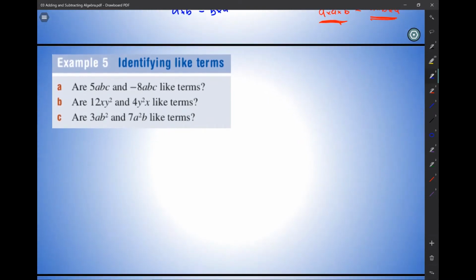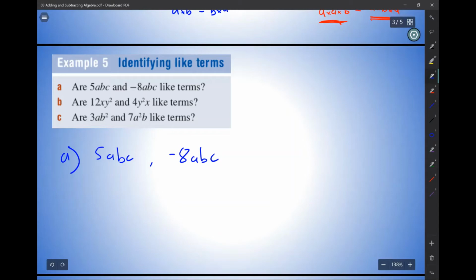Okay, let's look at these 3 examples. The first one, are 5abc and minus 8abc like terms? Are the letters the same? Yes, they are. So these are like terms. Second example.